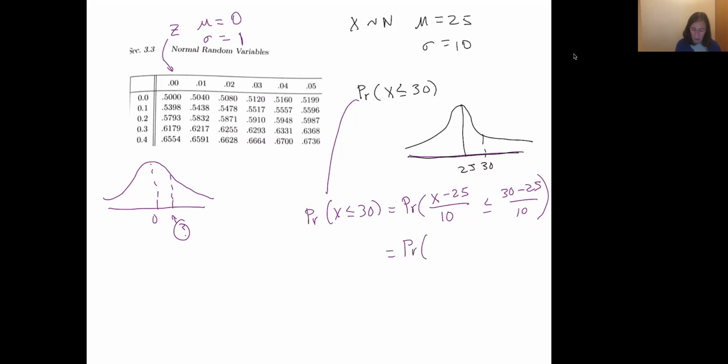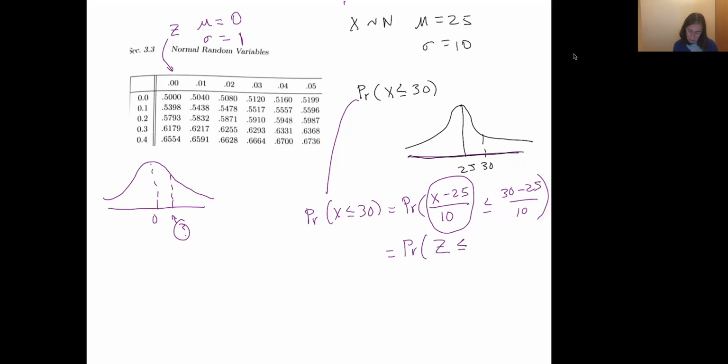And what do I do when I get that? Okay, well now this is Z. I just standardized X. I just subtracted off its mean and divided the result by the standard deviation. So I transformed this part of the question into Z. And this part is just a number.